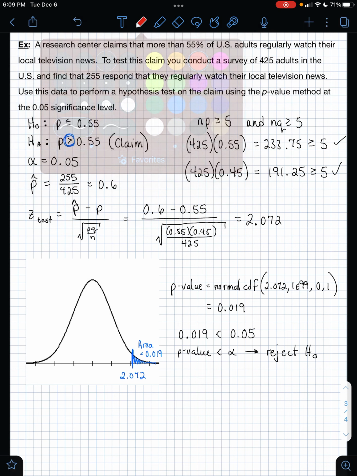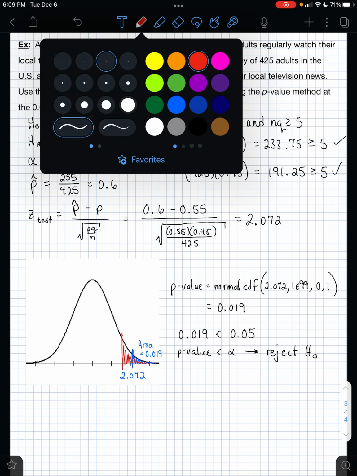Visually speaking, the reason that we do this is because if our alpha is 0.05, that means it has a larger area than our test statistic did. If we look at this in terms of the rejection region, our blue test statistic is definitely further out than our alpha value, than our critical value. So because of that, we got a result that was fairly extreme. And it's extreme enough to decide to reject the null hypothesis.